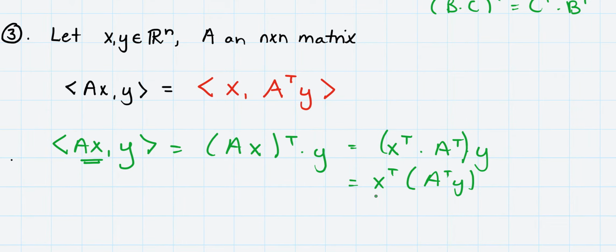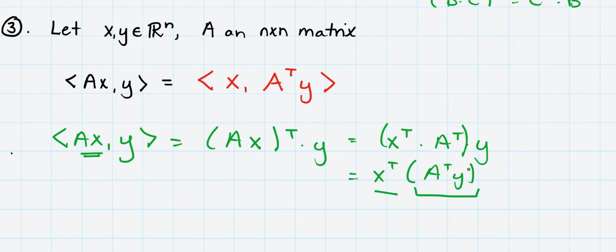And what is this? This is x transpose times this. This is going to be a column matrix. Let's just make sure. So if we have A, which is n by n, we multiply it by x, which is n by 1, well, we have n and n, we're left with n by 1, so this is a matrix, let's call it B, which is n by 1, which is a vector in Rn.